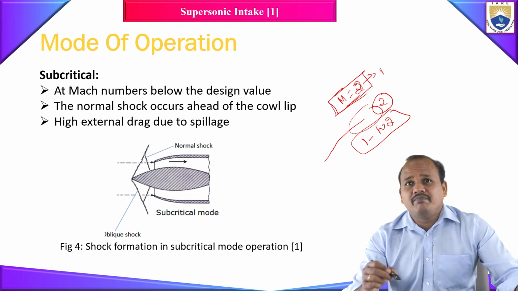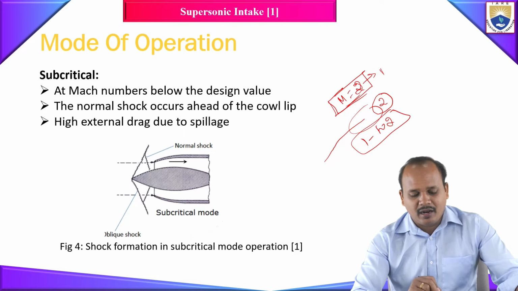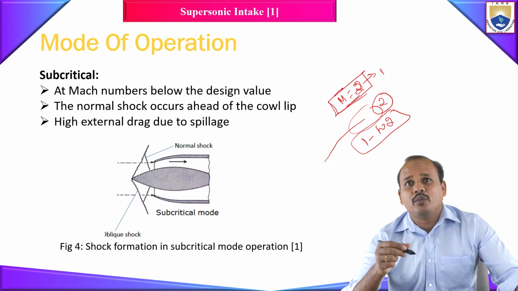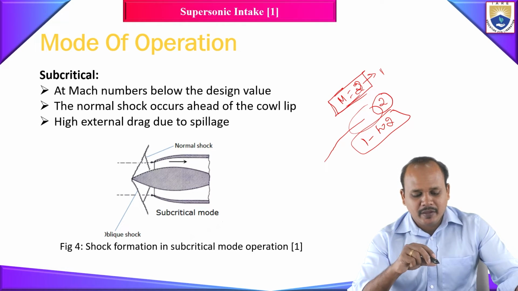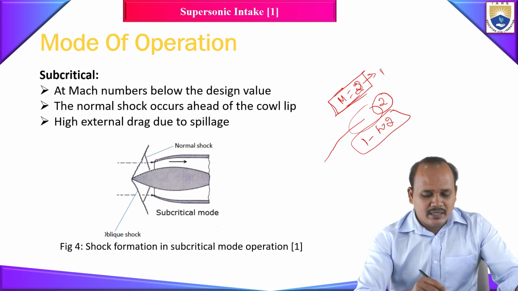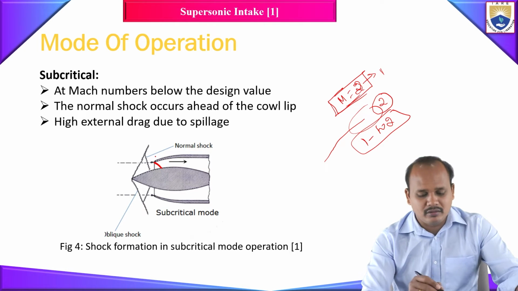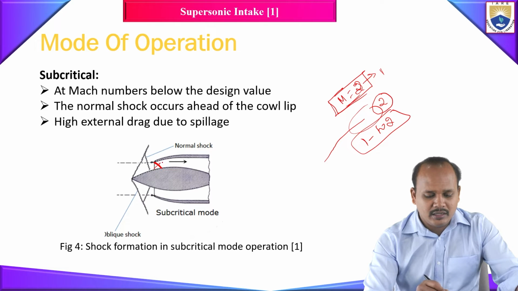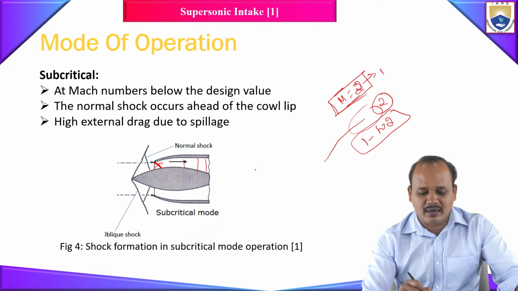When I fly my aircraft less than my design speed, as we have stated, you will have multiple oblique shock waves forming. For the external compression intake, a normal shock wave should form at the lip of your intake. When the flow passes through it, it becomes completely subsonic, and entering this divergence, as the area increases, your flow will be decelerated.